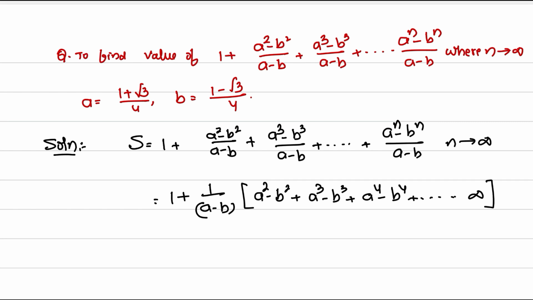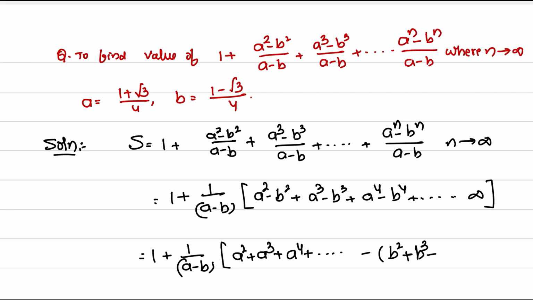Geometric series. This will become 1 plus 1 by (a minus b) into, let us separate a's and b's: (a square plus a cube plus a to the power of 4 up to infinity) minus (b square plus b cube plus b to the power of 4 up to infinity). This is the total series.